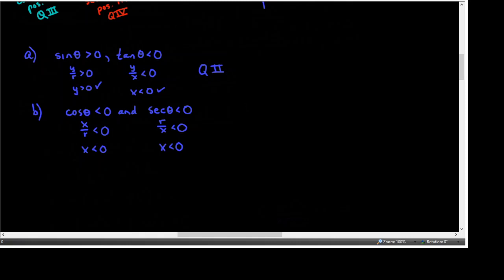So in what quadrant or quadrants does that happen that x is negative? All right, it's quadrant 2, where y is positive, and quadrant 3, where y is negative, all the while x being negative. So that's that. So theta could be in either of those two quadrants.